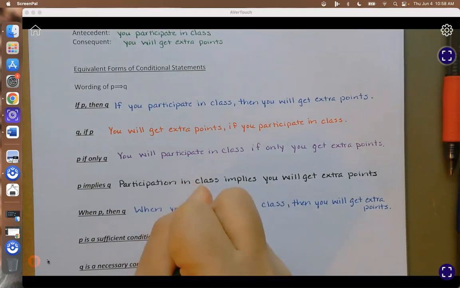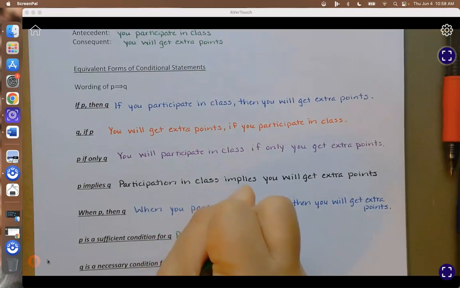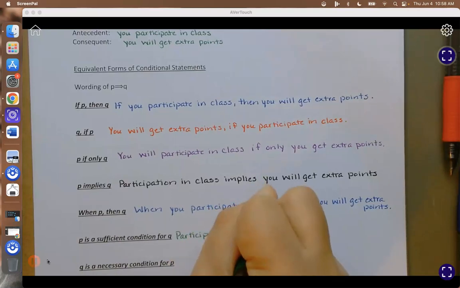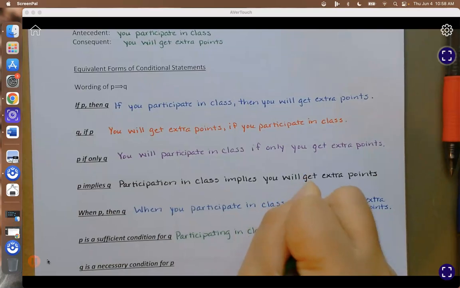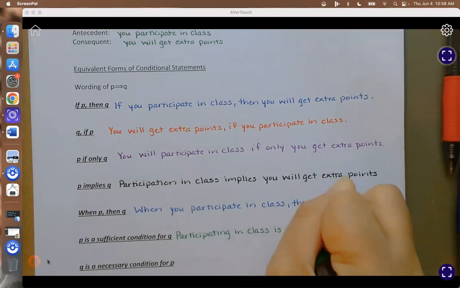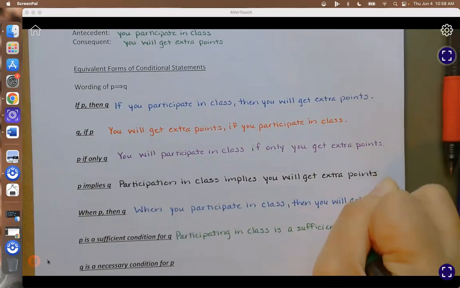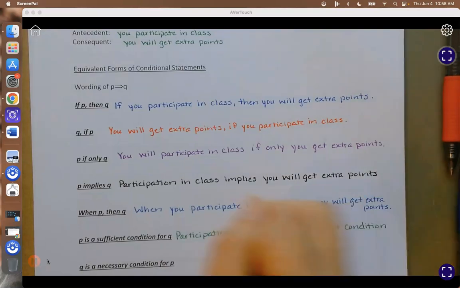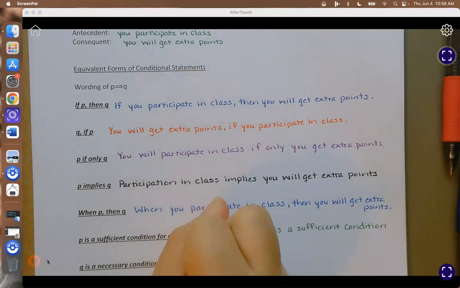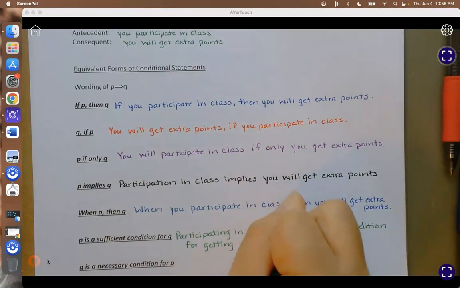So participating in class is a sufficient condition for getting extra points.